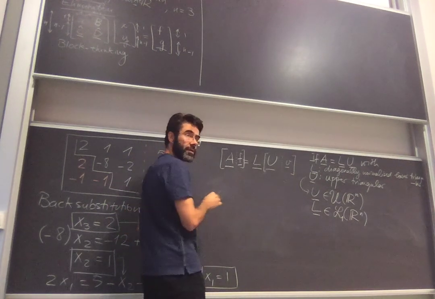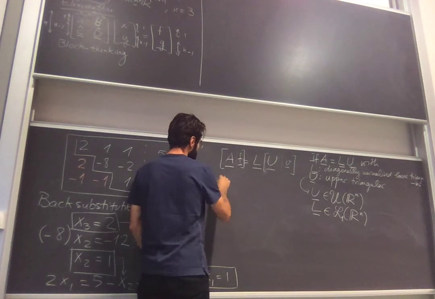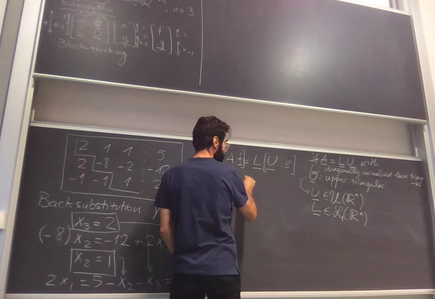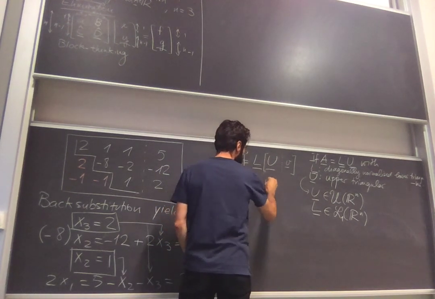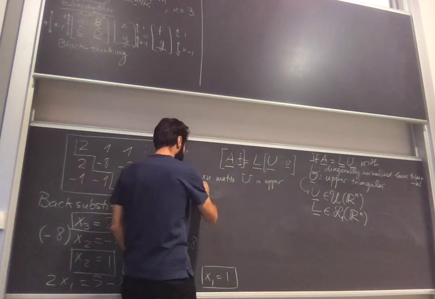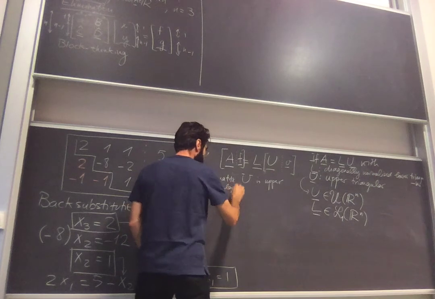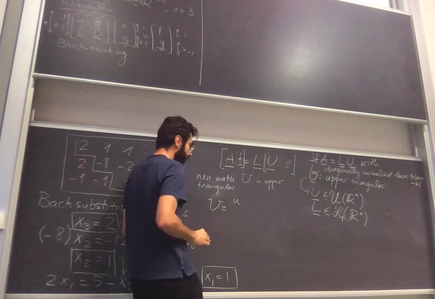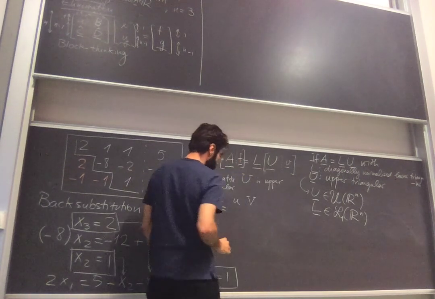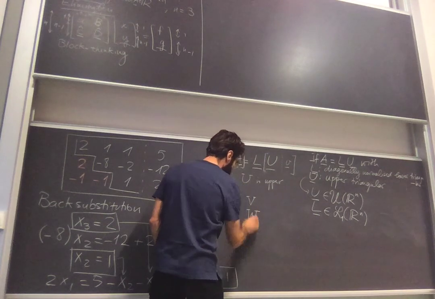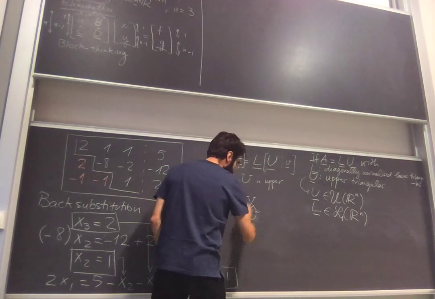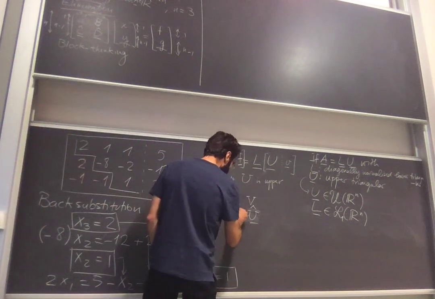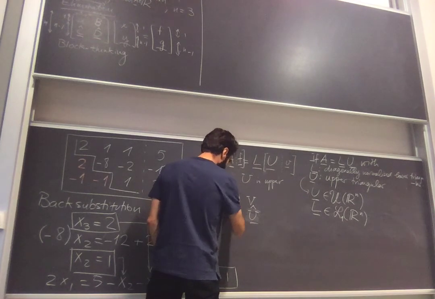So an n by n matrix U is upper triangular if you can decompose it in the following form, you can write it as u, v, and 0, U hat. Yeah, so.